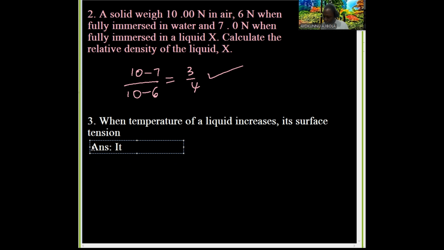It decreases. So if you are asked to explain, maybe why this happens, or what surface tension itself is. What is surface tension?